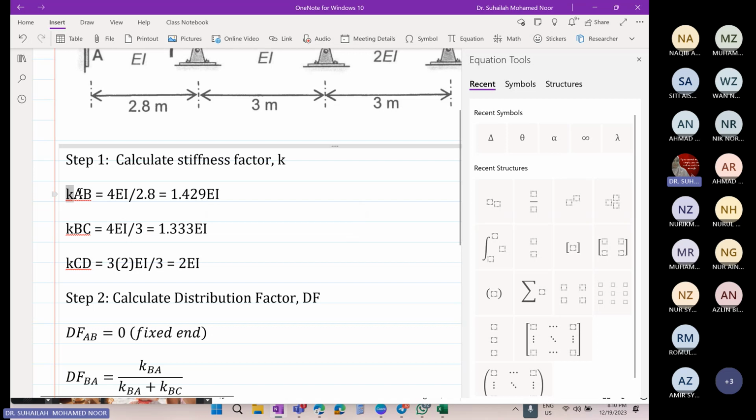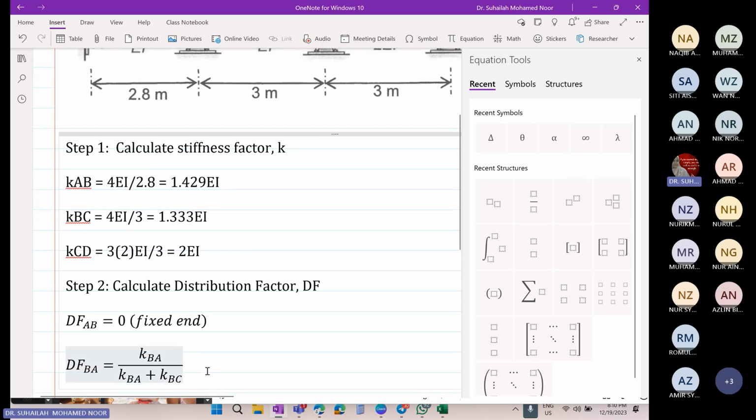KAB is also the same as KBA, because it is the same member. So for KBA, we use KAB, which is 1.429. We divide by the total of BA and BC.